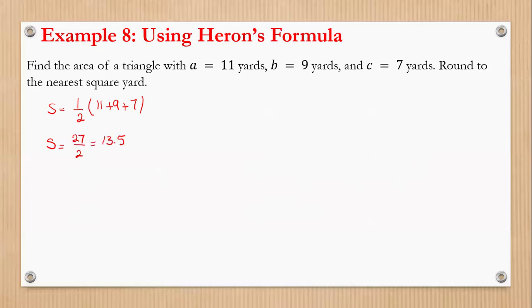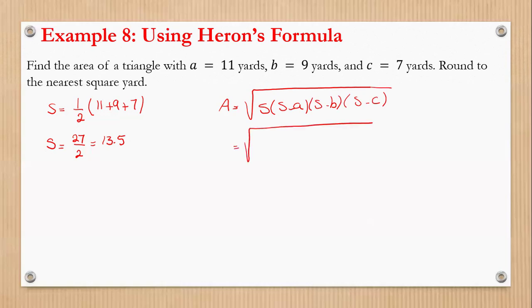Now I'm going to use Heron's formula. Don't forget to always write the formula first. And then replace numbers. S is 13.5, which is half of the perimeter. A is side A, which is 11.